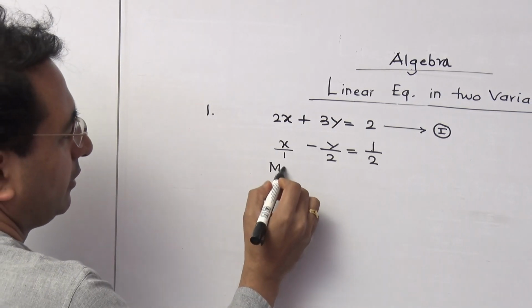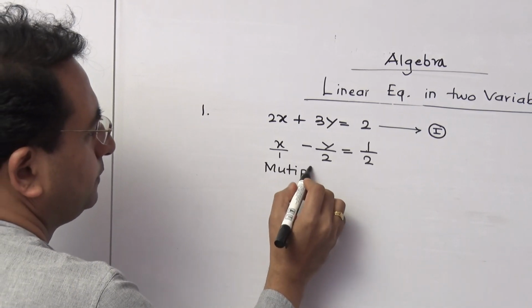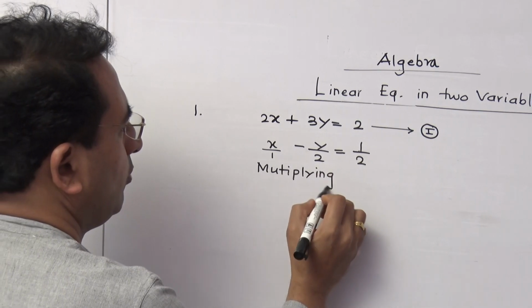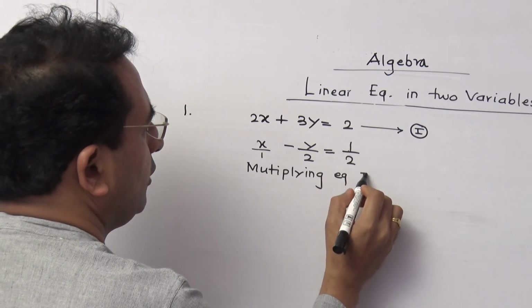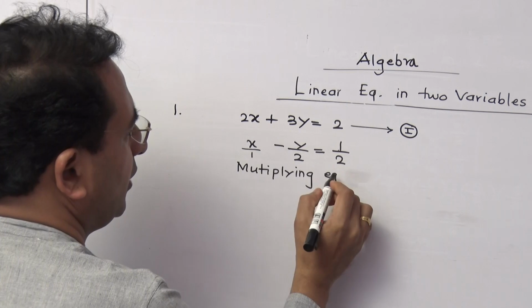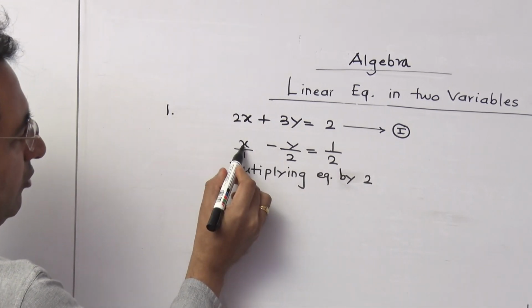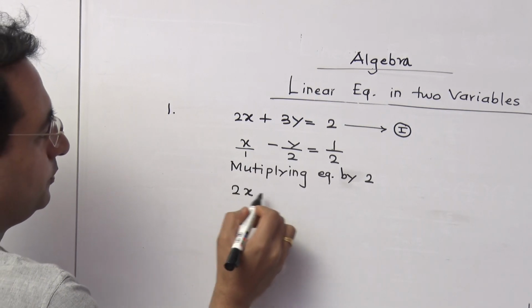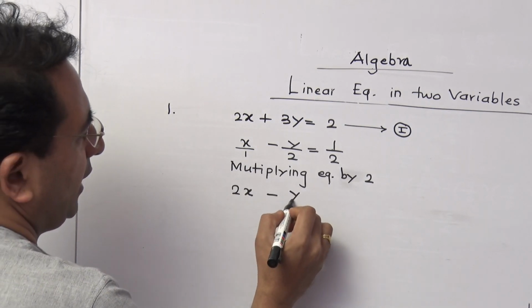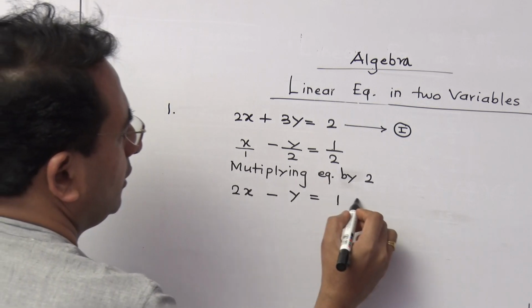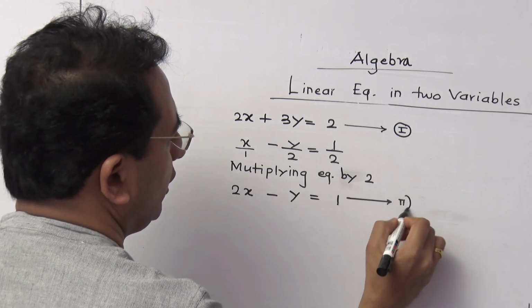So I am writing here, multiplying the equation by 2. So if you multiply this by 2, the answer is 2x minus y is equal to 1. This is going to be your equation number 2.